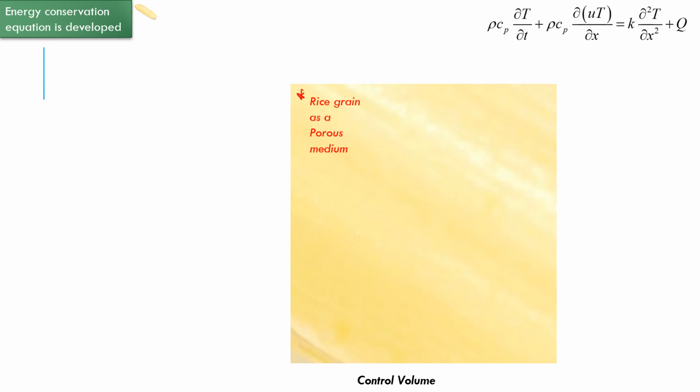for this rice grain. Now the thing is, because of all those multiple phases, liquid water, water vapor, air, and then their individual driving forces like capillarity, or in case of gas, let's say molecular diffusion or flow, multiple phases and multiple driving forces can make the heat transfer a bit complex.